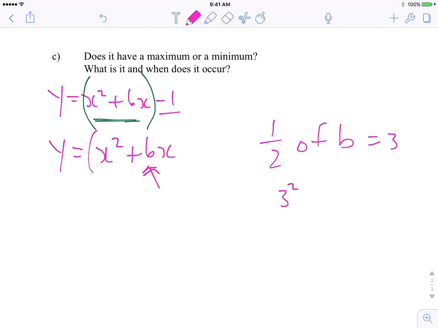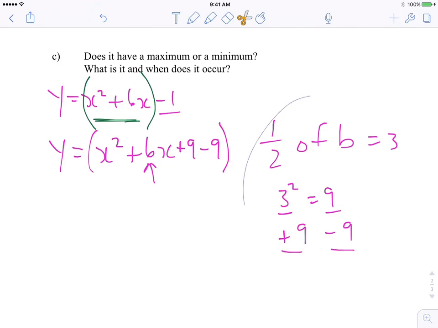And then we're going to square it, and we're going to add 9 and subtract 9. So follow me here. I have x squared plus 6x. We took half the value of b, which is half of 6, which is 3. And we squared 3. We know it's 9. So we're going to add 9 and subtract 9 in brackets here. So plus 9 minus 9, close our bracket.